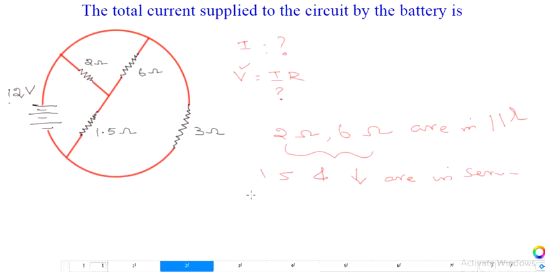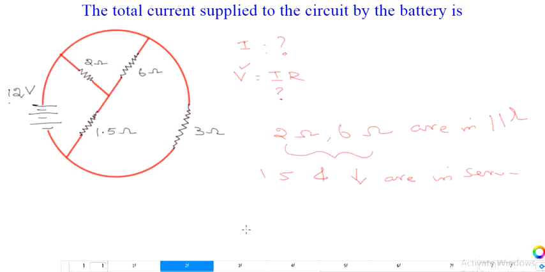After that, this combination and this 3 ohm are in parallel. Therefore, we can redraw the circuit.